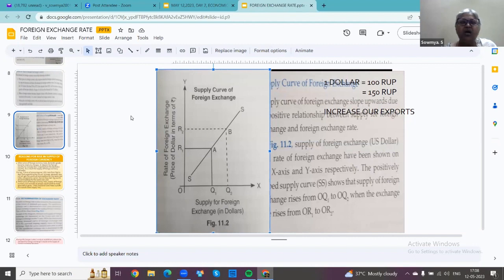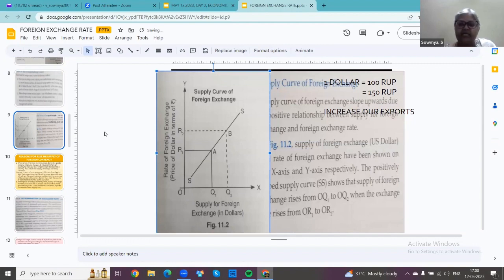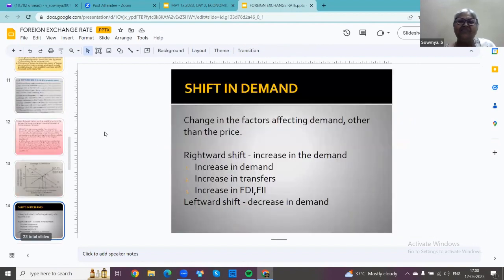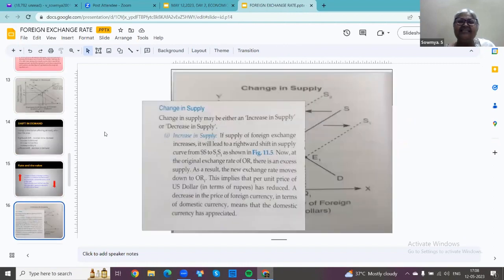But instead, I'll tell you what the children have written. Instead of this diagram, which is the right one, they have given the other one. They have given this diagram, change in supply. They have written about this one.